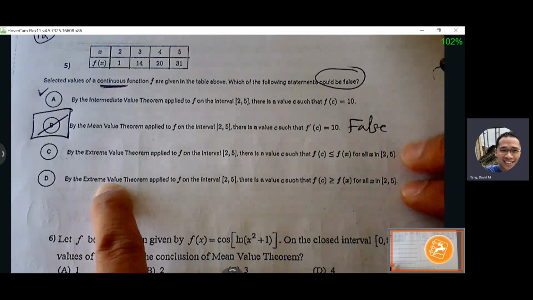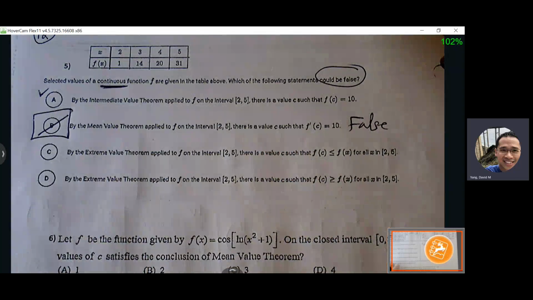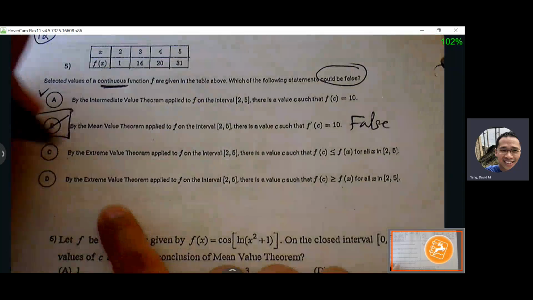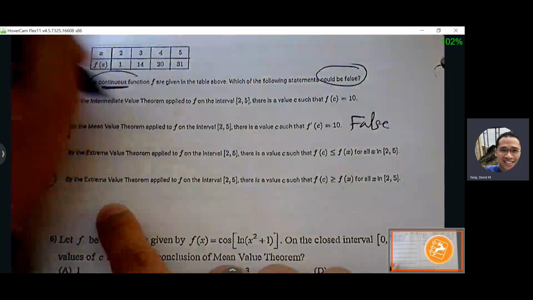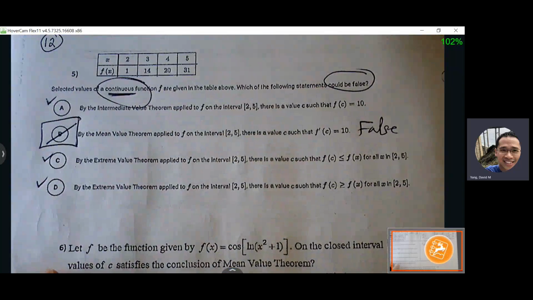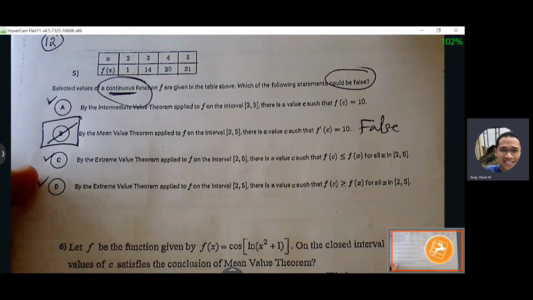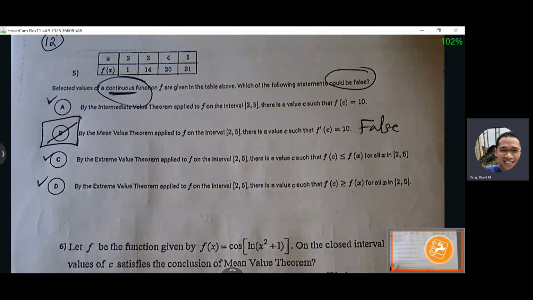So we know that we can hit all of our lowest and highest y values guaranteed. So it's really coming down to that condition there. So IVT, extreme value theorem, they only require continuity. The only theorems that require differentiability are the ones that have a slope component. So only mean value theorem and Rolle's have a slope component that we're trying to guarantee.